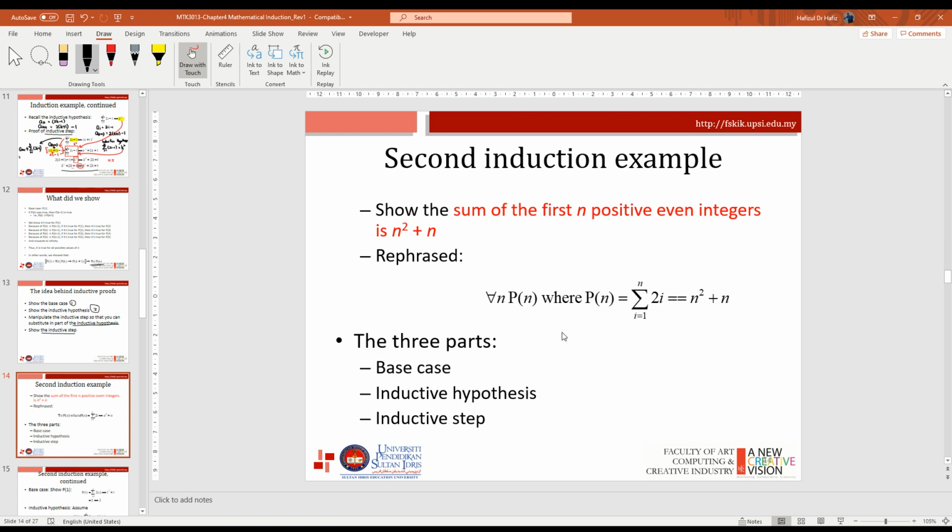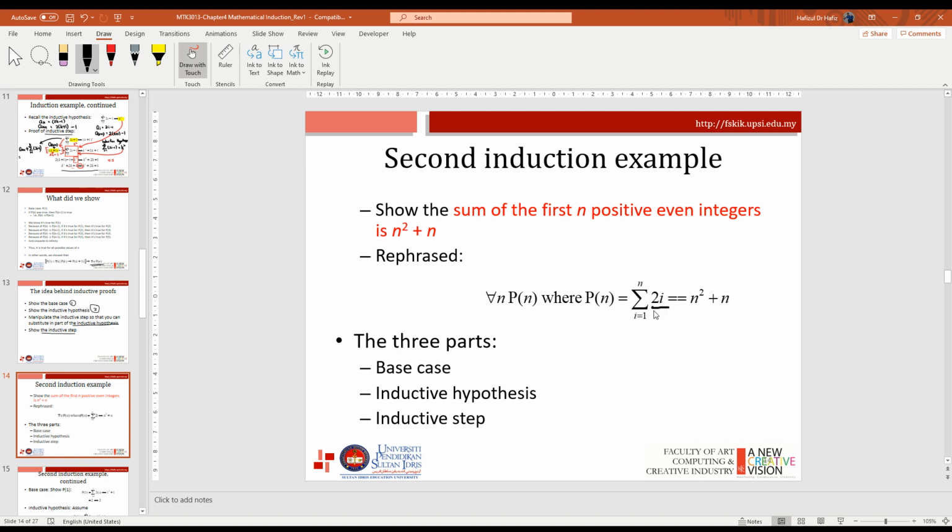Okay, this one is the second induction example. Show the sum of the first n positive even integers is n power 2 plus n. So we have for all n, P(n) is the sum of 2i, for i equivalent to 1 up to n.